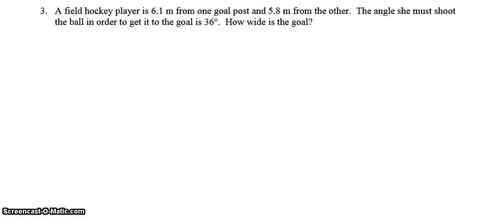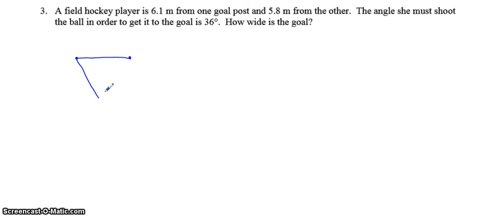And the last question here is, a field hockey player is 6.1 meters from one goal post and 5.8 meters from the other. So here's where the goal post is. Oh, well, there's where the net is anyway.